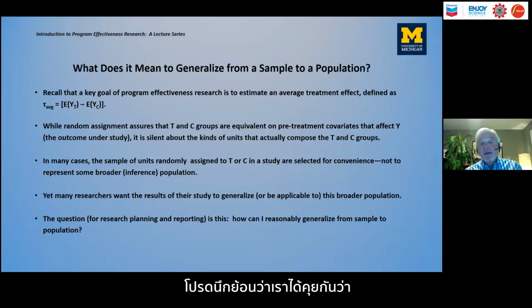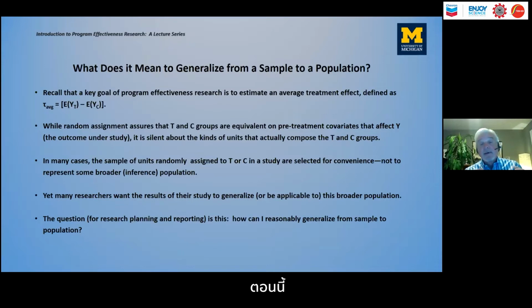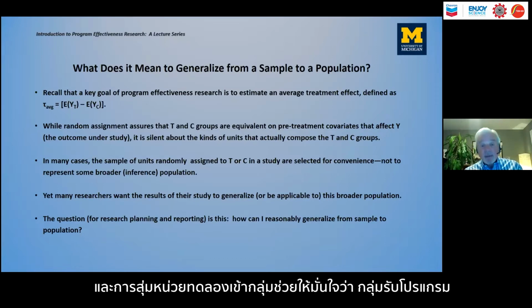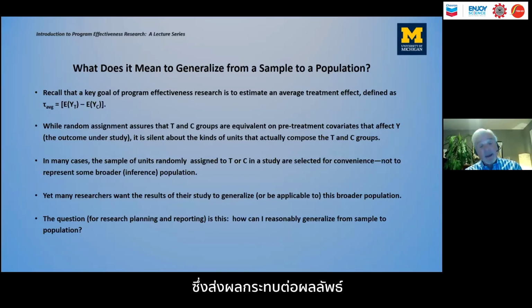Recall that we have discussed the goal of program effectiveness research is estimating an average treatment effect. Now, we also discussed random assignment and how random assignment assures that treatment and control groups are equivalent on pre-treatment covariates that affect the outcome.